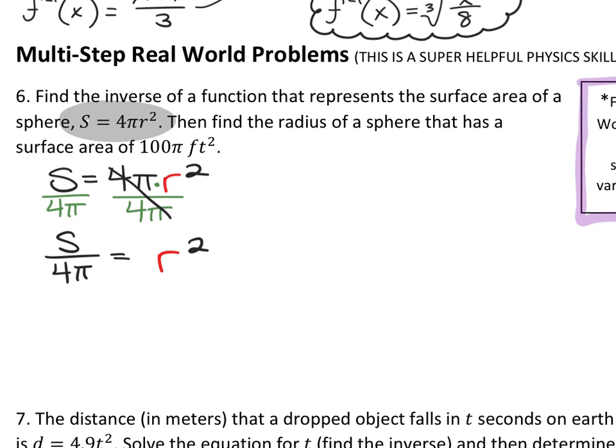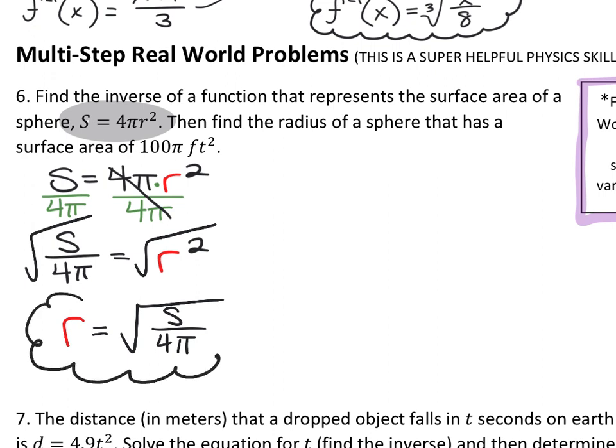What do I have to do to get the squared to go away? Square root. So we're going to square root both sides, which will make the 2 and the square root cancel each other out. And all I have left is R equal to the square root of S divided by 4 pi. This is the inverse of surface area because I solved for the opposite variable.